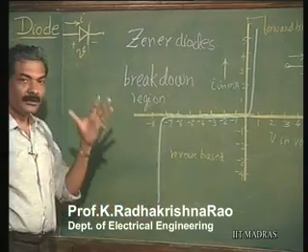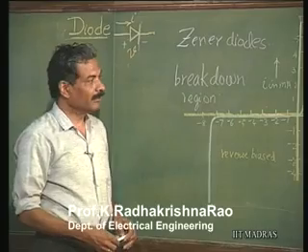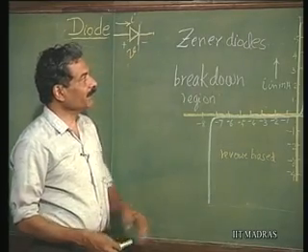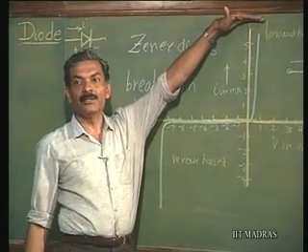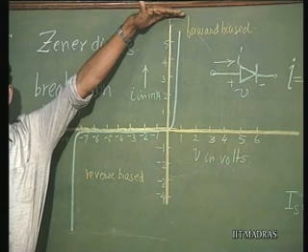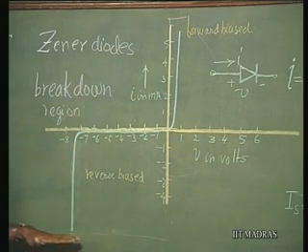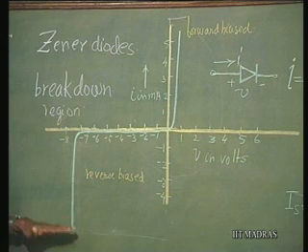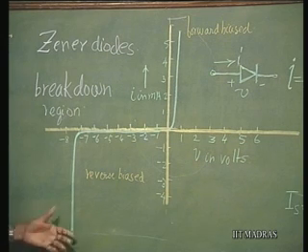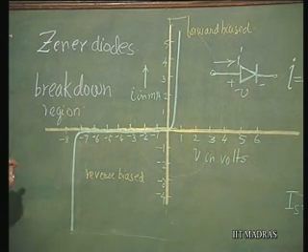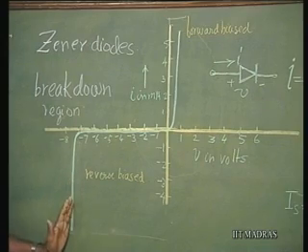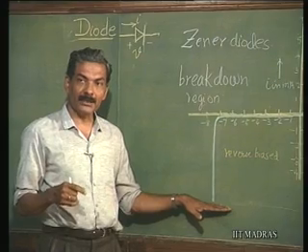Diodes fabricated by the manufacturers will have specifications of up to what value of current you can use in the forward bias region and in the reverse bias region. It is going to dissipate a lot of power here, because it is going to sustain a voltage which is pretty high, and it can also sustain a current which is pretty high.